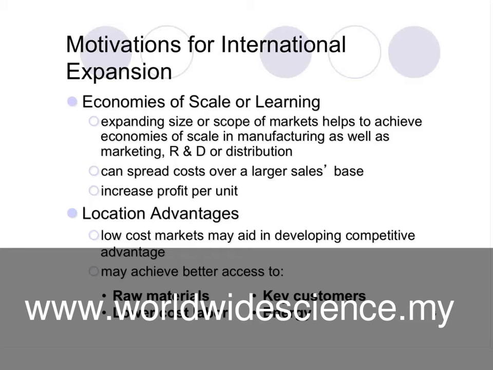Okay, and then increase profit per unit. So when your cost per unit goes down, then your profit will increase. It's like a normal equation, a very easy equation.